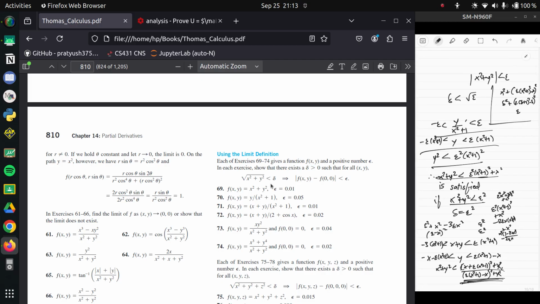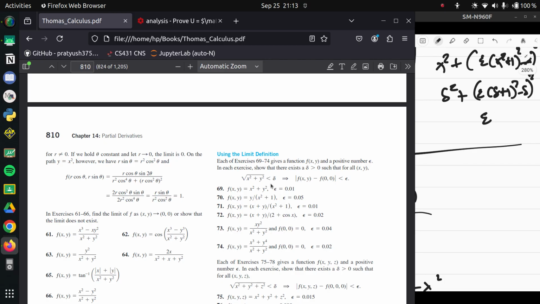This is some mayhem. Right, so now what you can do is set your delta to be epsilon squared. This will just be epsilon power 4, or let's just say half epsilon. So it just becomes 1 by 4 epsilon squared plus something squared, right? So this just is half epsilon plus 1 squared.